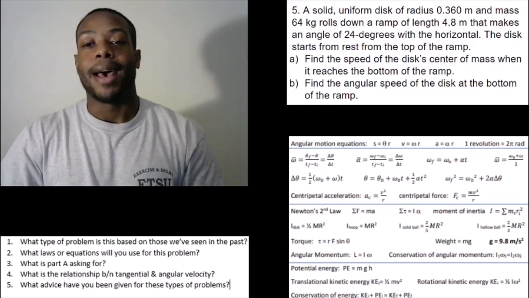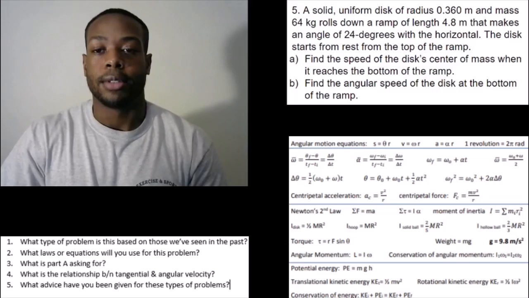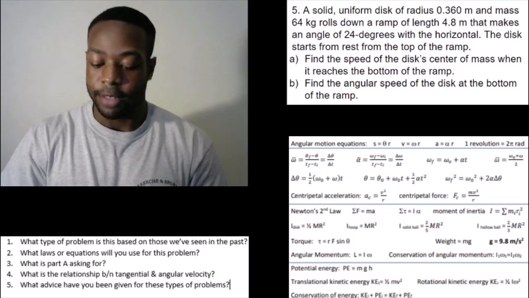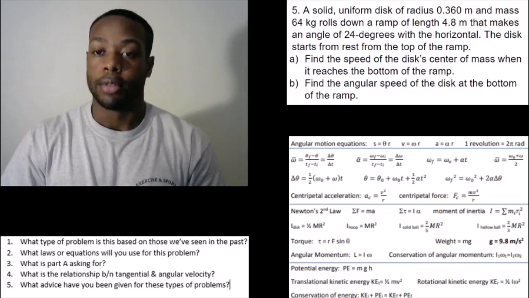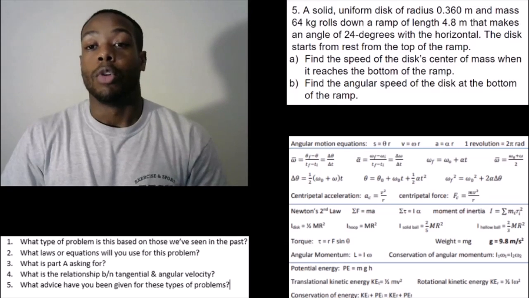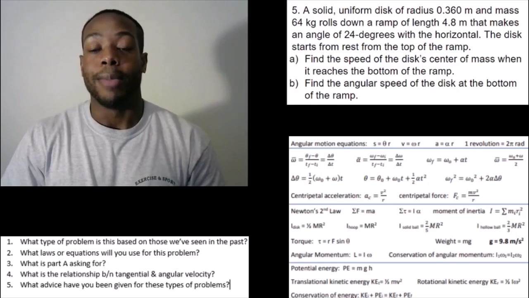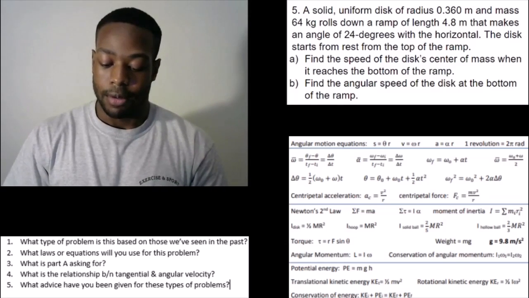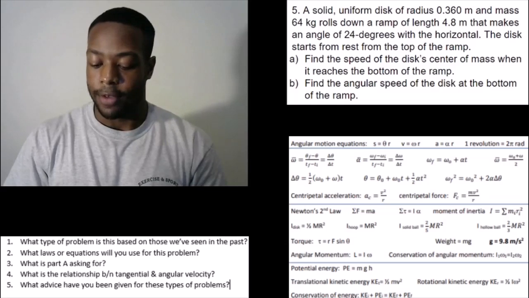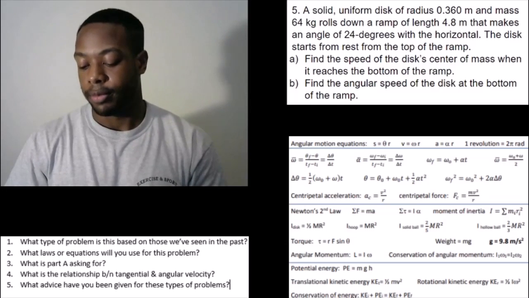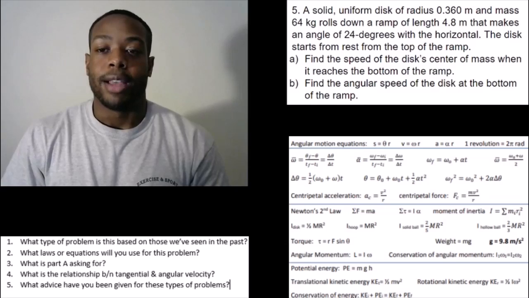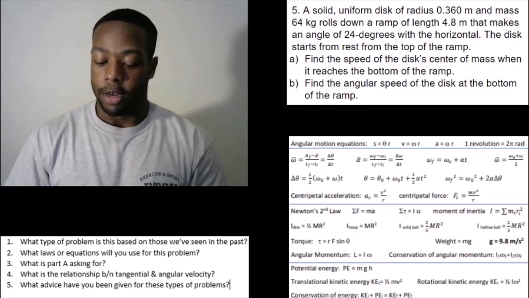And we've got a mass of 64 kilograms. So mass for that disc can be 64 kilograms. It rolls down a ramp of length 4.8 meters. So the ramp length, let's say, is 4.8 meters. And it makes an angle of 24 degrees with the horizontal.